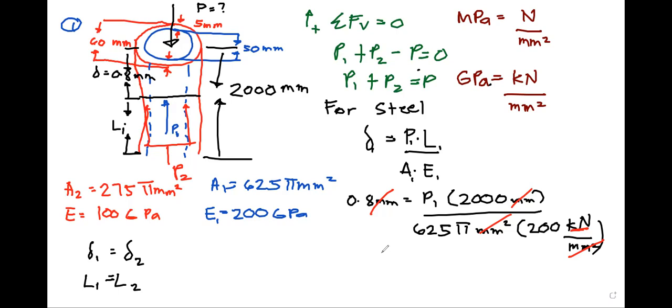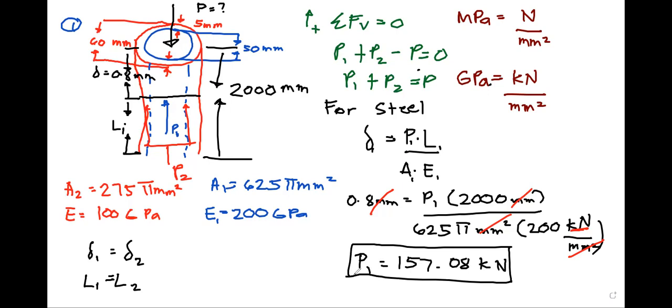Okay? Shift, solve, 0. So, we have P1 is equal to 157.08 kilo Newton. Okay? Meron na tayo ngayon P1.